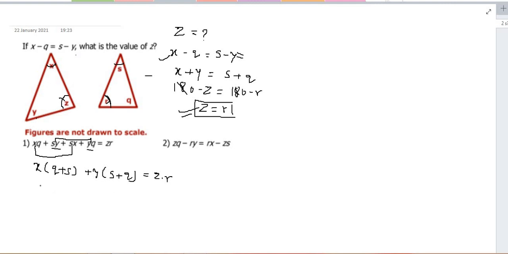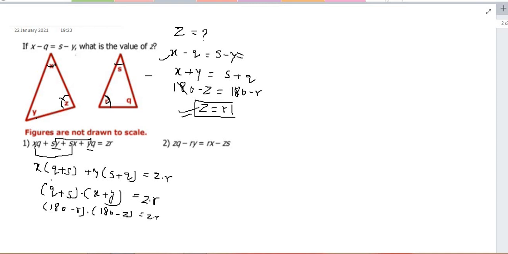Now q plus s, this can be written as q plus s into x plus y, is equal to z into r. Now again, if you remember, q plus s can be written as 180 minus r. Similarly, x plus y can be written as 180 minus z, is equal to z into r.